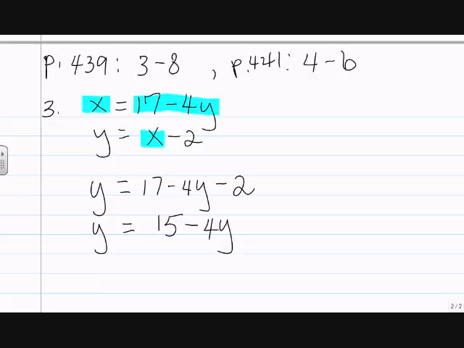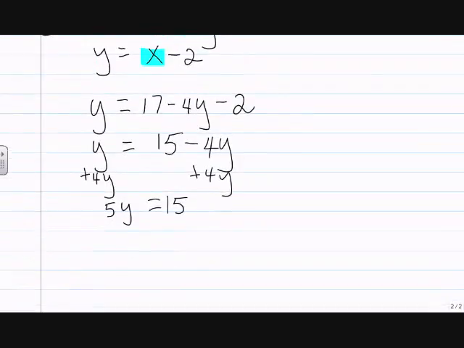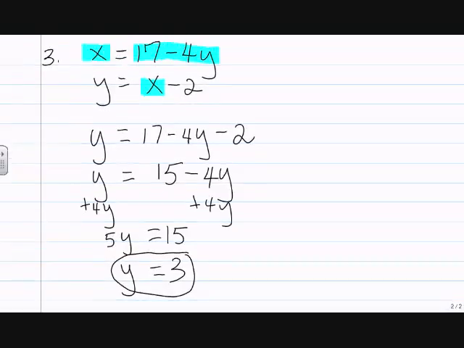I have y's on both sides of the equation, so I need y on only one side of the equation, so I'm going to add 4 y's to both sides. y plus 4y is 5y equals 15. So y is 3. Okay? Halfway done.